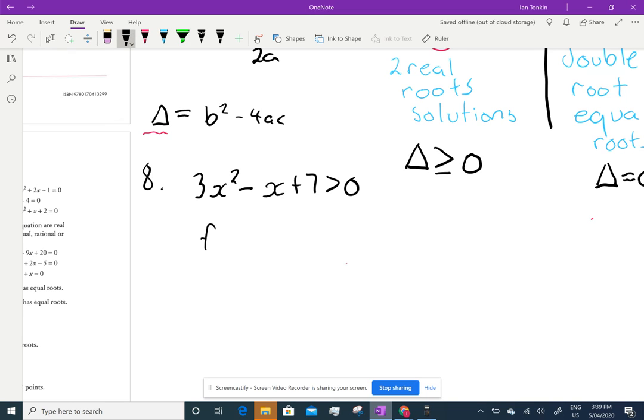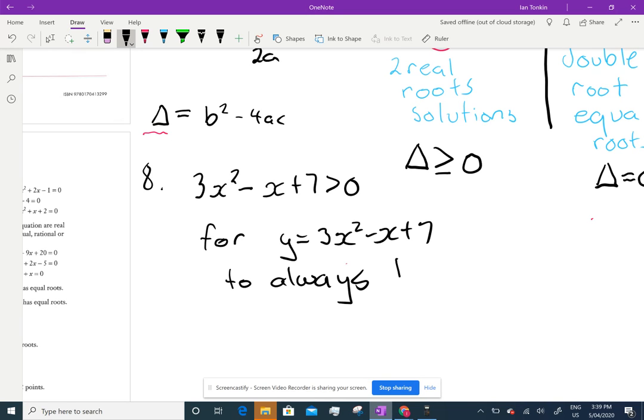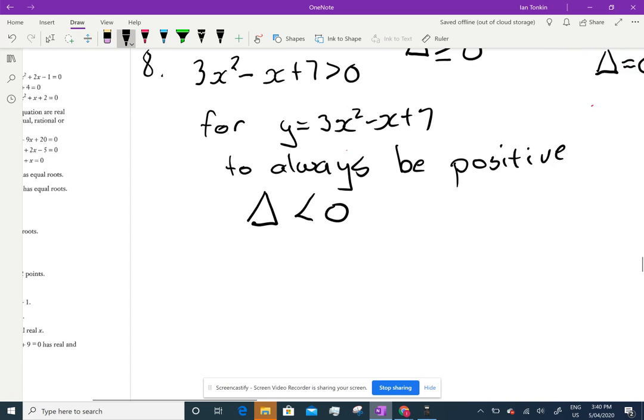So for y equals 3x squared minus x plus 7 to always be positive, we used to call them positive definites because they're definitely positive. To always be positive, the discriminant must be less than 0. We can't have any roots.